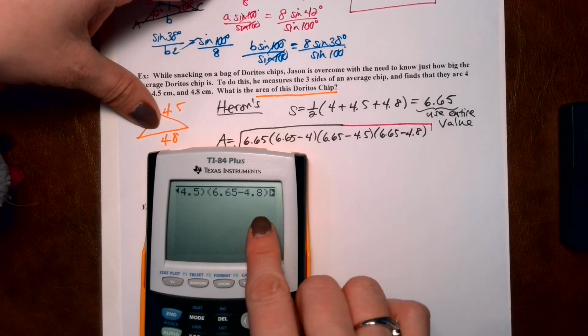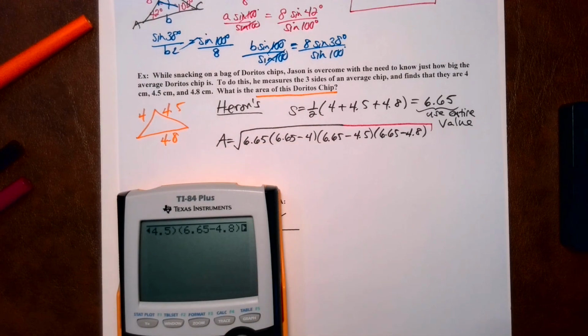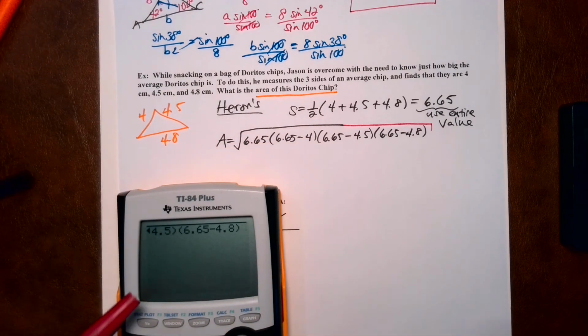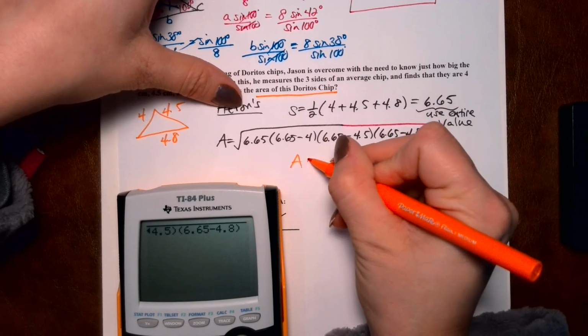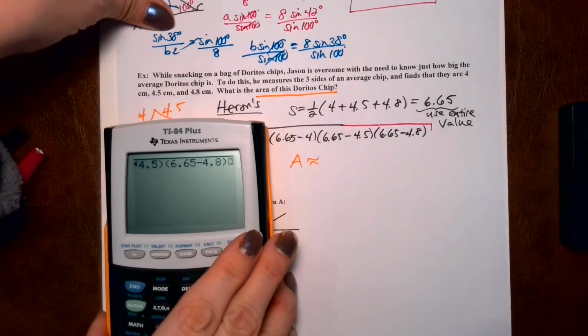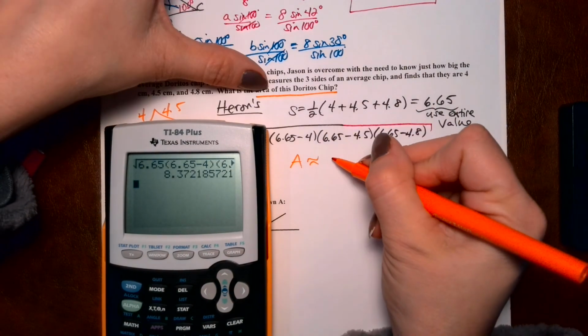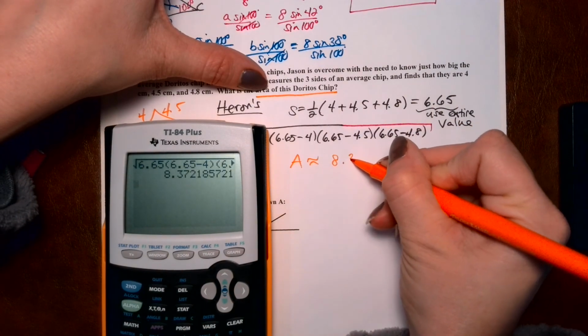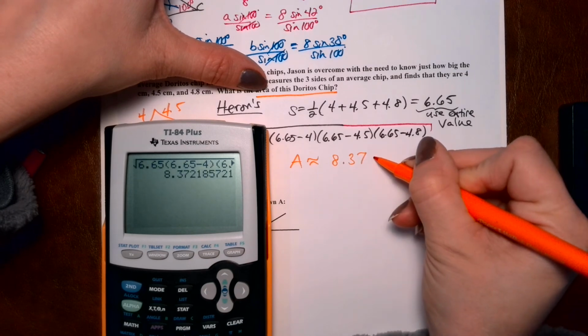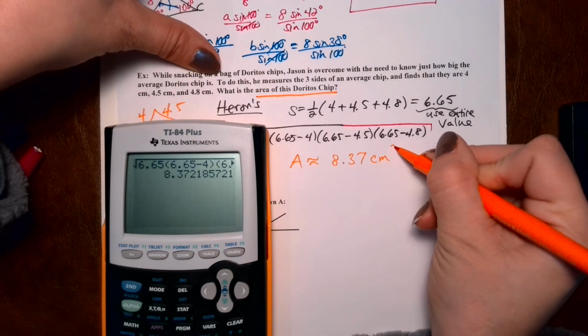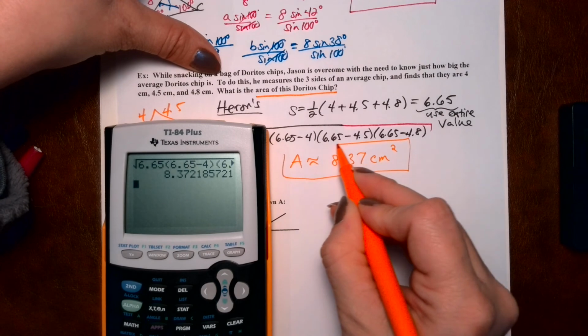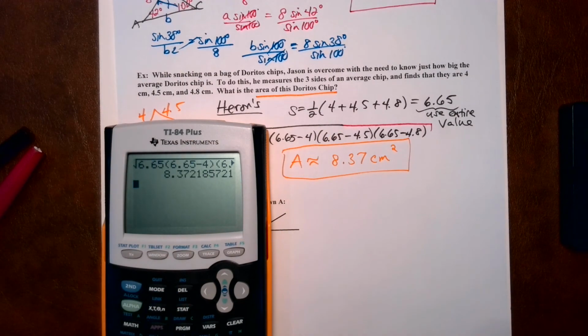Close parentheses and round it to two places nicely. Okay, Jason, what is the area of that Dorito chip? 8.37 centimeters squared. What an interesting question. Makes me hungry for some Doritos.